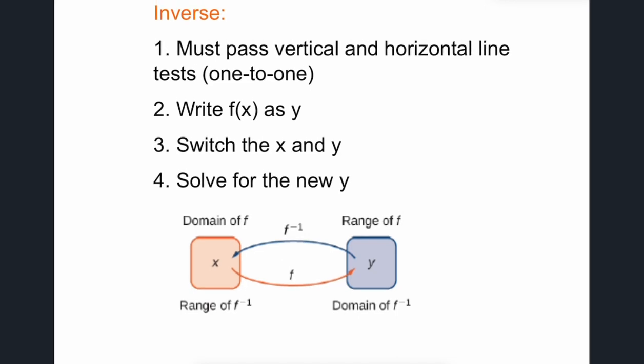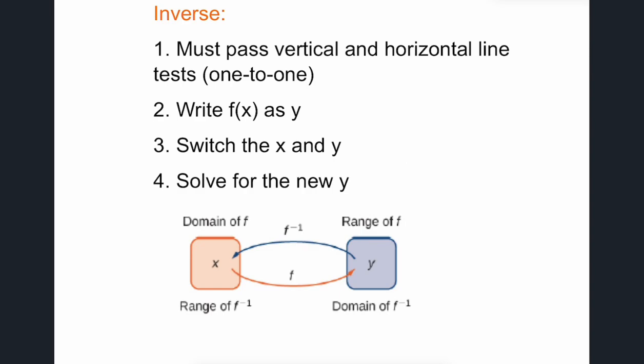So remember, last year we found some inverses. So what are you going to do? You're going to write the f of x as a y. You're going to switch the x and the y, and then you're going to find the new y, okay? For the domain and range, the domain of f is going to become the range of f inverse, and the range of f is going to become the domain of f inverse, because what did we do? We turned the x's and y's.